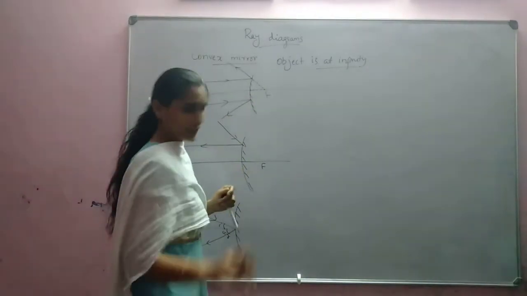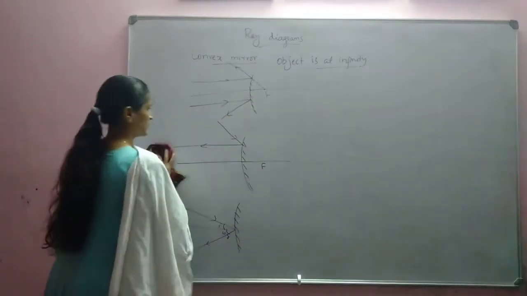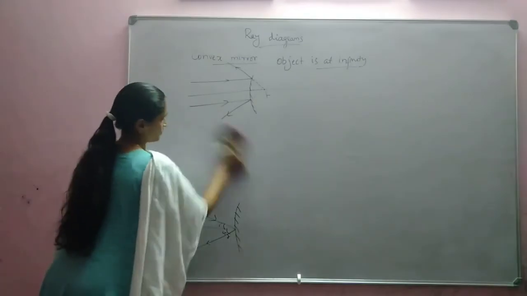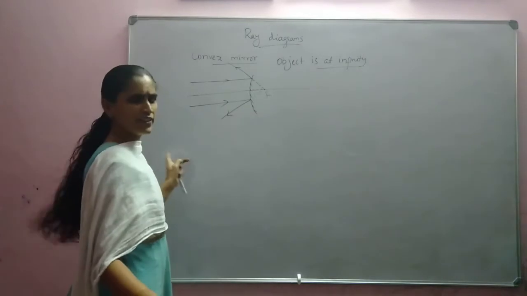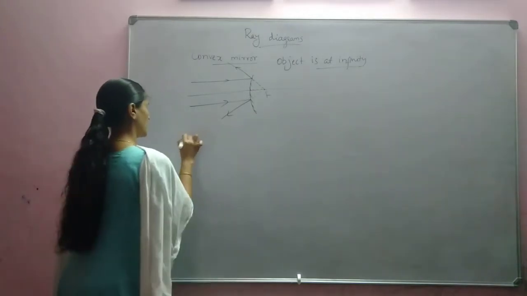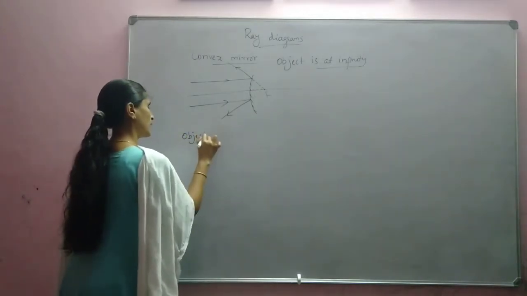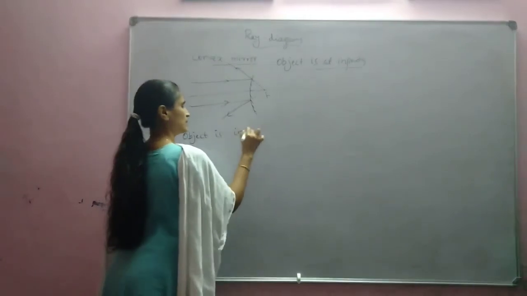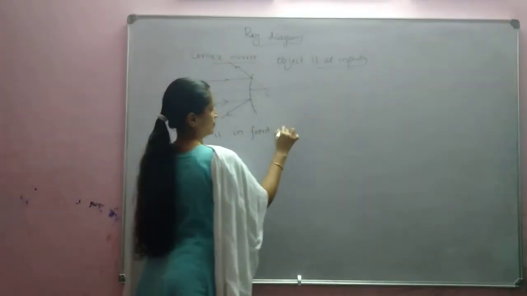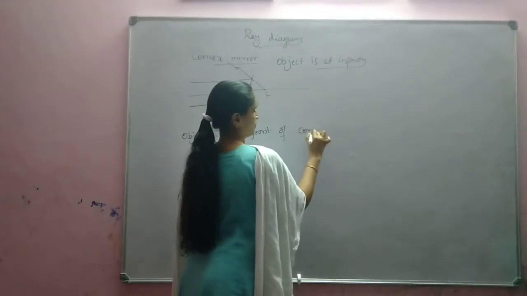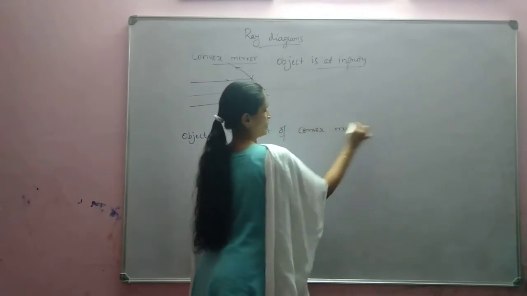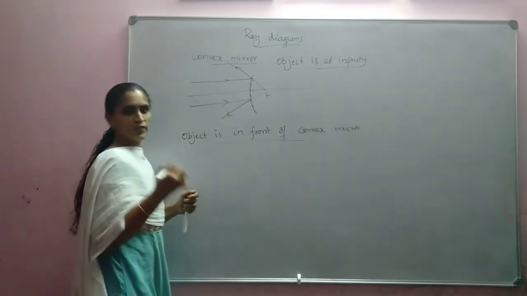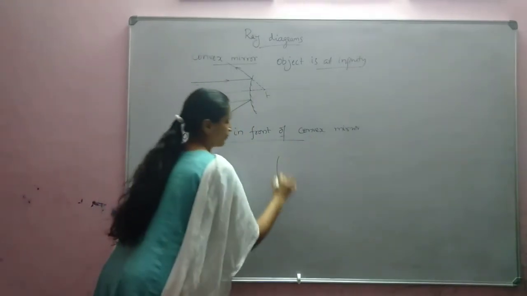Okay, and next case, when the object is in front of the convex mirror, anywhere. An object is in front of the convex mirror, anywhere it is.